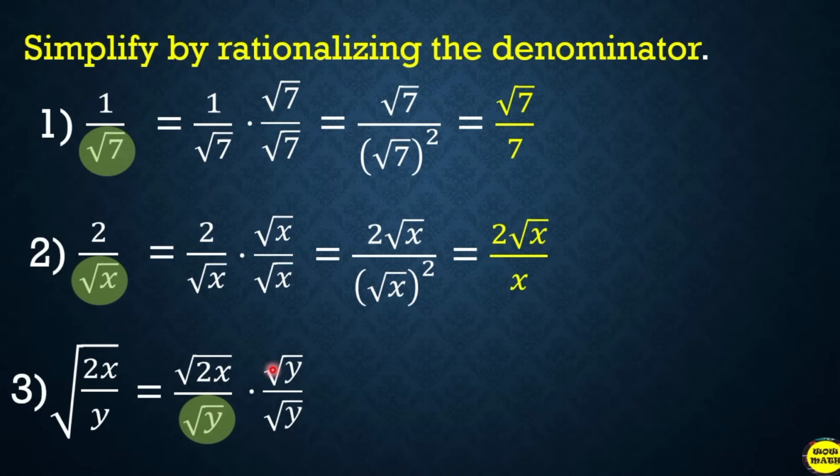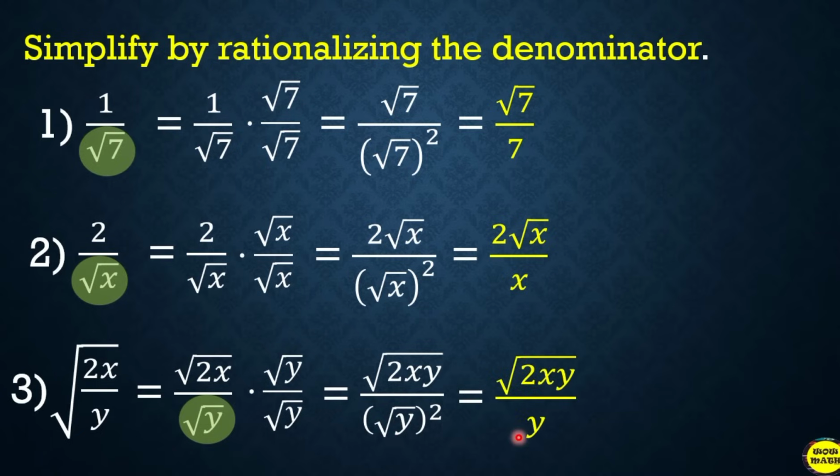So, square root of 2x times square root of y, that is square root of 2xy. So, imumultiply mo lang yung nasa loob. 2x times y, so that is 2xy. And then, square root of y squared, the answer is y. So, therefore, the final answer is square root of 2xy over y.